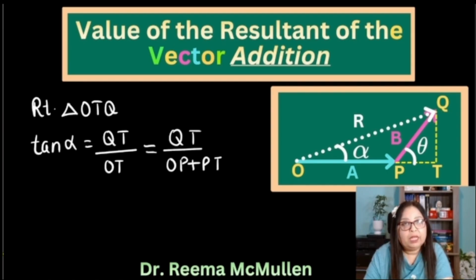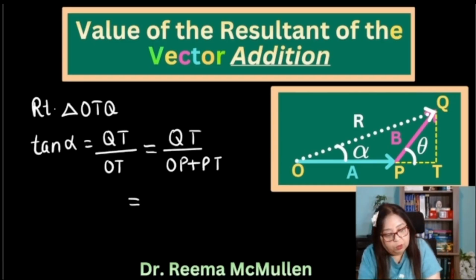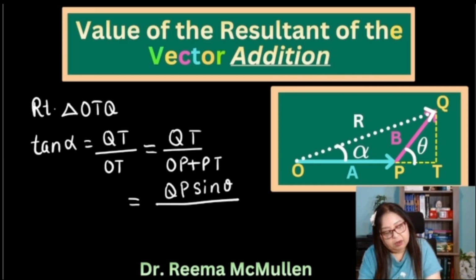OP is equal to length of vector A. So we're going to write QT as equal to QP sine theta, divided by, let's leave OP as OP, plus PT, which will be equal to QP cosine theta.